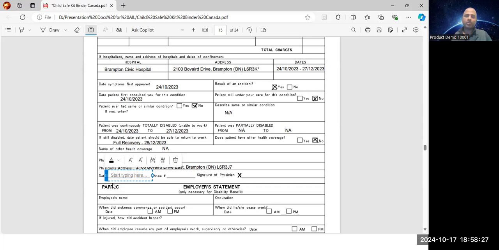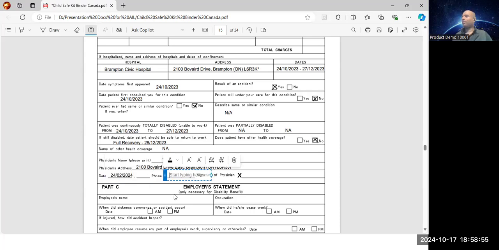So it's possibly one of the reasons why there might be a delay in the physician filling out this form. Okay, which basically means that this date will be different than the one listed in Part A by the patient. So let's say this date is, okay, 24th February 2024. Okay, so a month after this form was sent to the physician to fill it out.